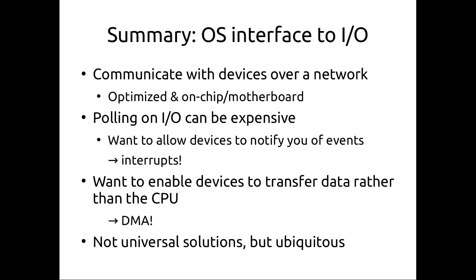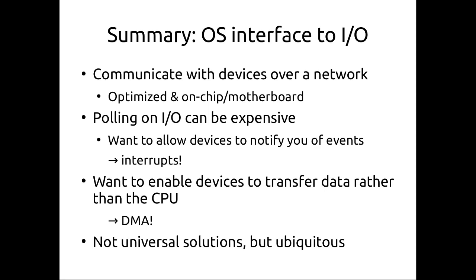We added interrupts that said, well, this polling is expensive, where we just keep asking for data and then waiting for it. So what we want is really an interrupt so that you can notify us when data is available, and only then will we actually do some processing.